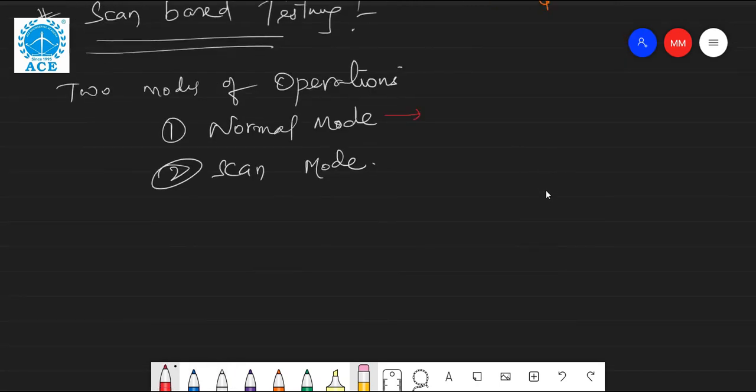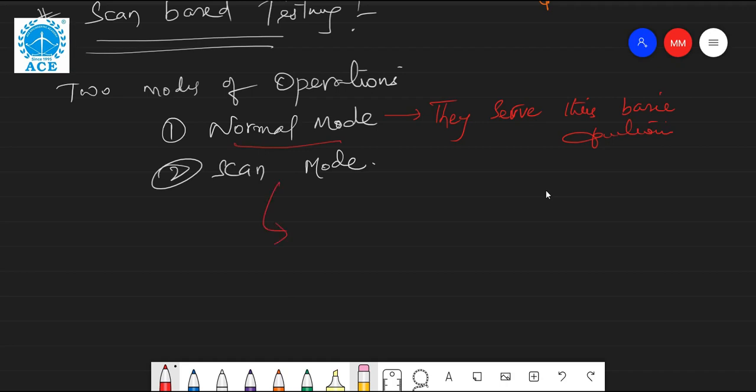Normal mode is where the components serve their basic functions. Whatever basic functions the components have, they will perform the same.